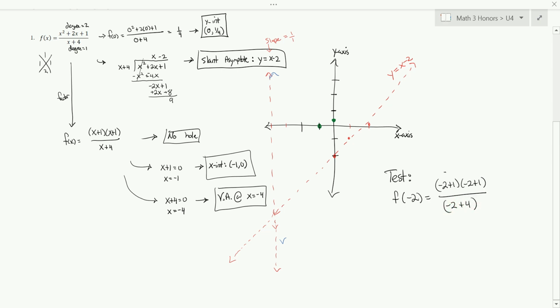So this is going to be a negative number times a negative number over a positive number. And so we're going to end up with a positive value and so it's going to be above. And so we know it's going to bounce at that point. And now we have a reason why it might bounce, because we see in the numerator we had 2 of the same factor. Okay. And then, so that's one part.